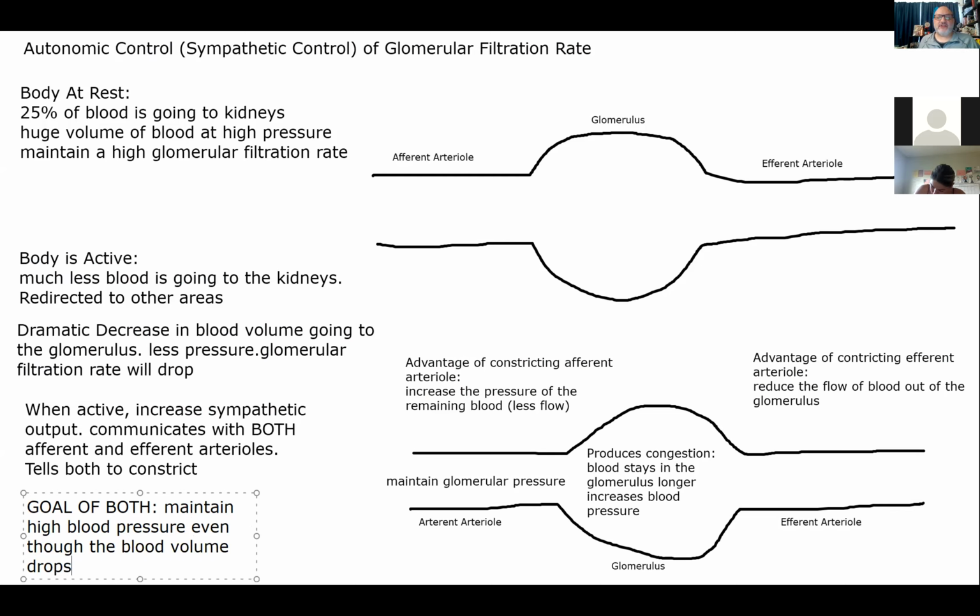And in this fashion, even when we're up and we're walking around and you're doing your treadmill exercises or things along those lines, we can help to maintain an even blood pressure and consistent filtration rate with moderate activity.